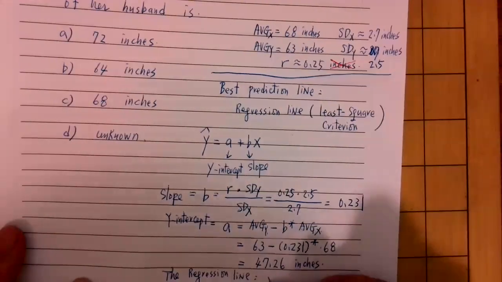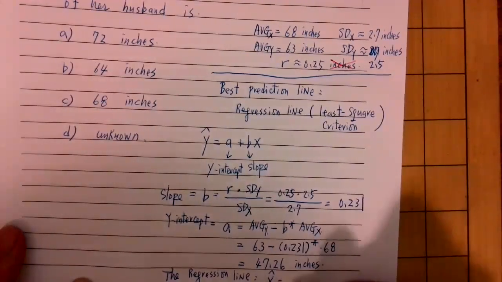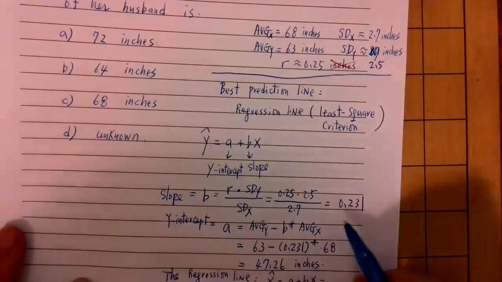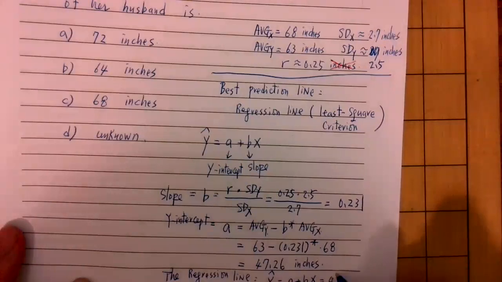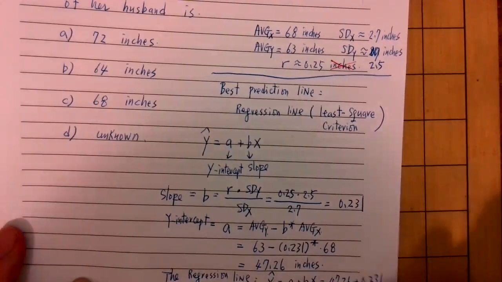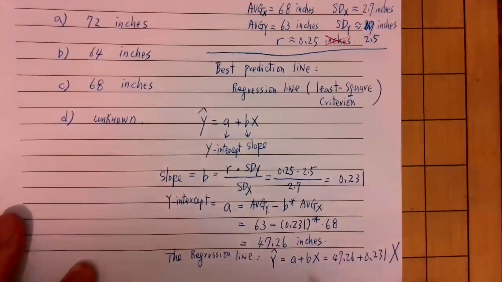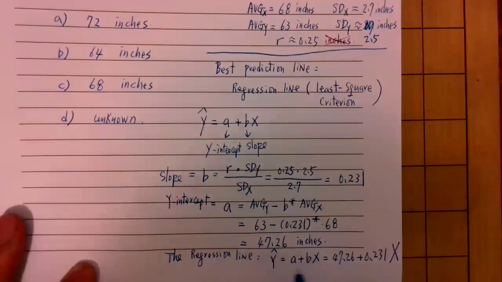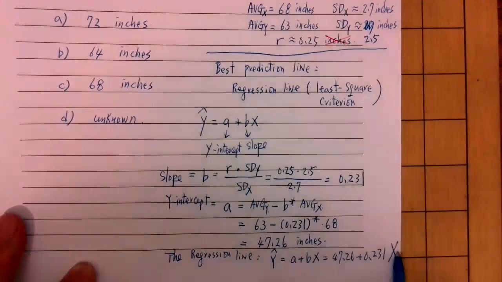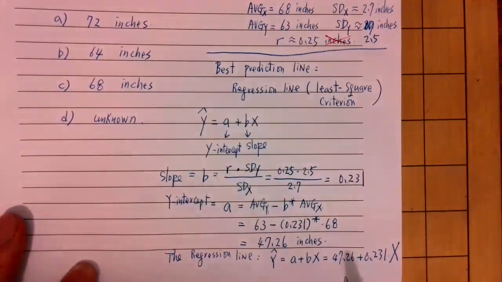So the best prediction line, the regression line, is y hat equals a plus bx, which is 47.26 plus 0.231 times x, okay? Now we're going to do this one by one.